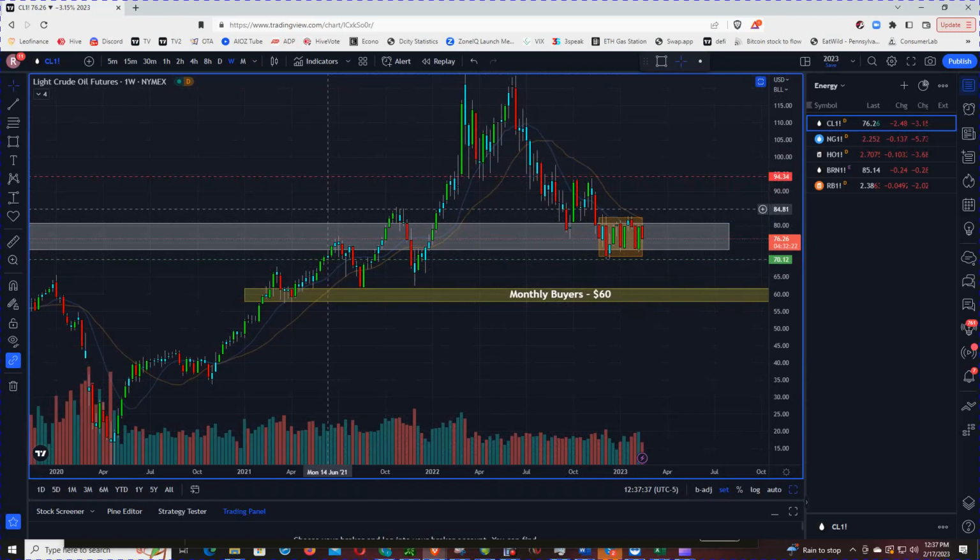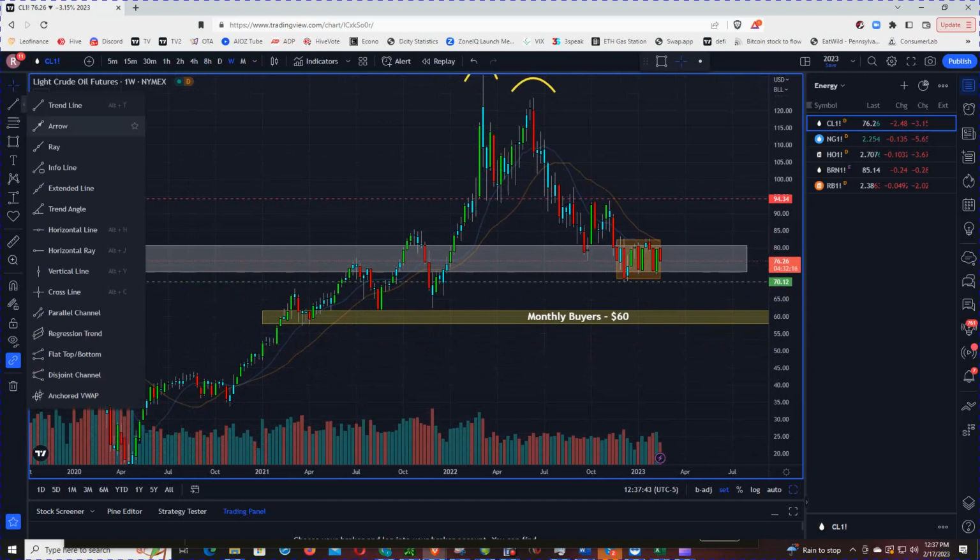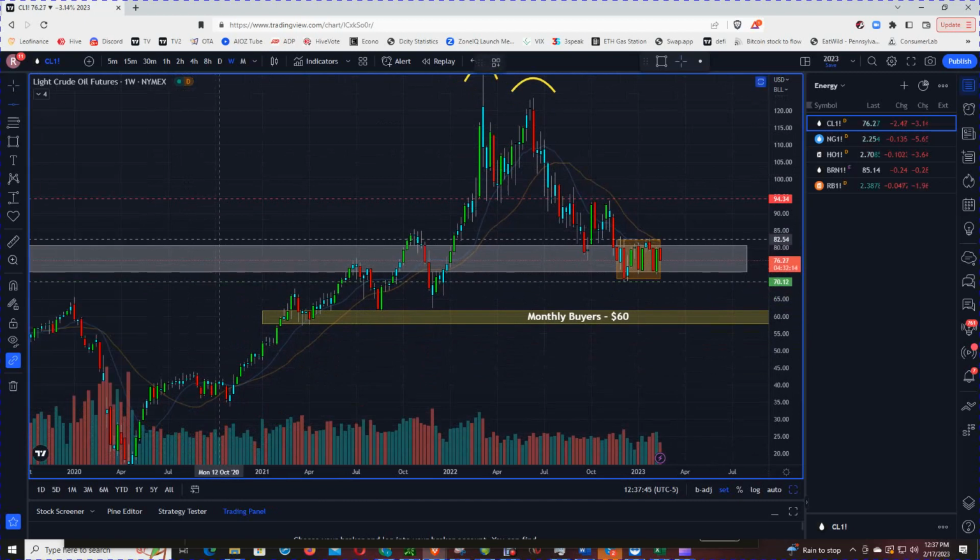Okay, let's go down to the daily charts. I'm going to put a line here. Anywhere above this green dash line and below this white dash line is just chop.